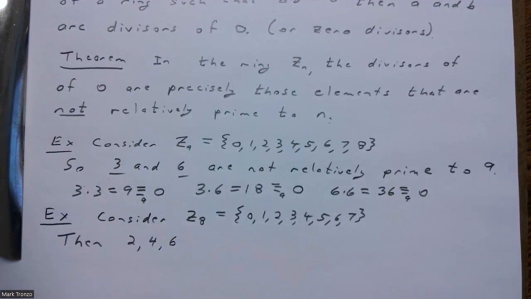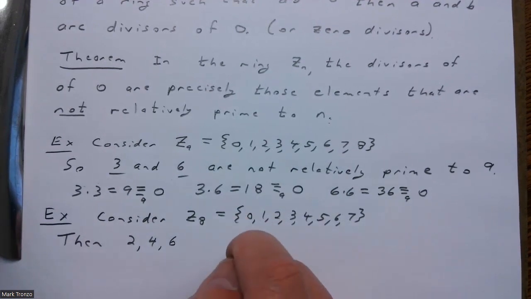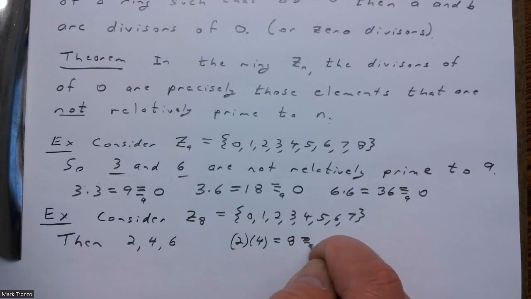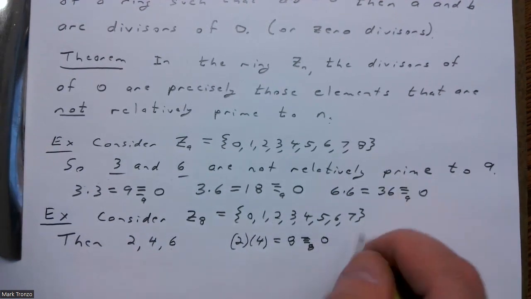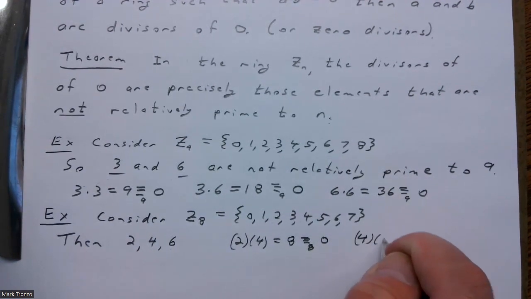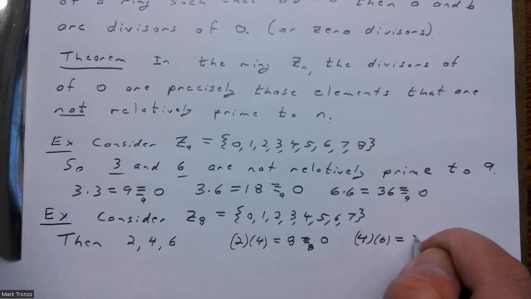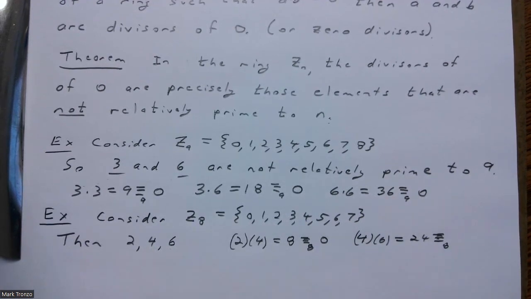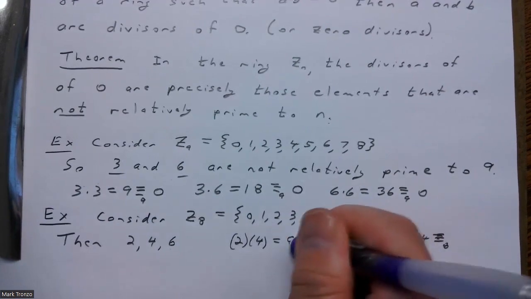And so those would be the ones. And let's check all these. So 2 times 4, of course, that's going to be 8. That'll give you 0 mod 8. And of course, 4 times 6 will give you 0 mod 8.